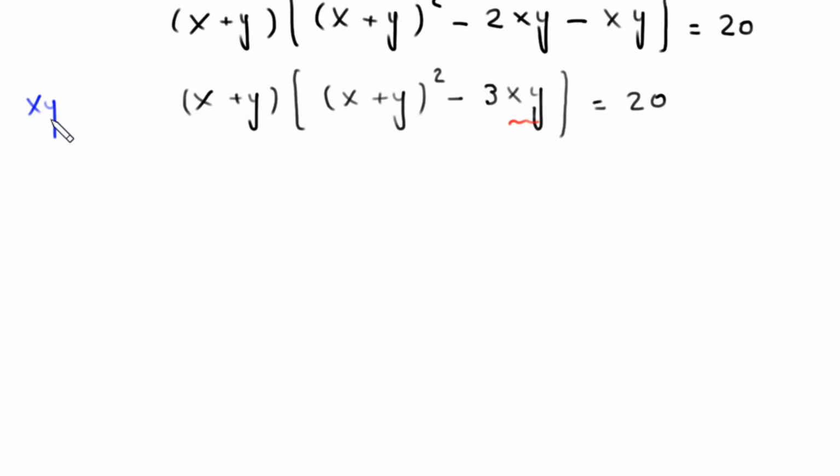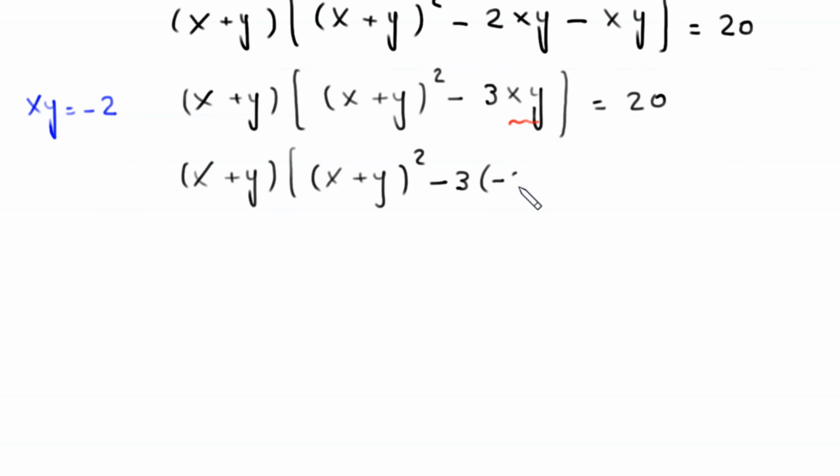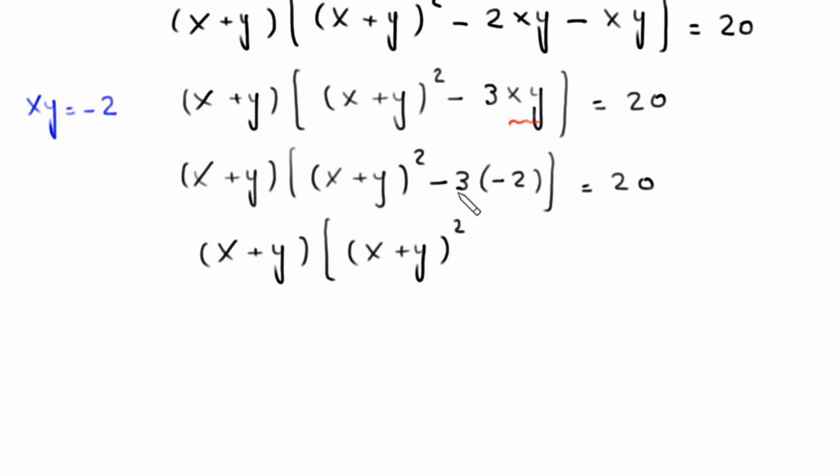Since x times y is equal to negative 2, this will become x plus y times x plus y whole squared minus 3 times negative 2 is equal to 20. Further simplify, this will become x plus y times x plus y whole squared, negative 3 times negative 2 will become plus 6 is equal to 20.